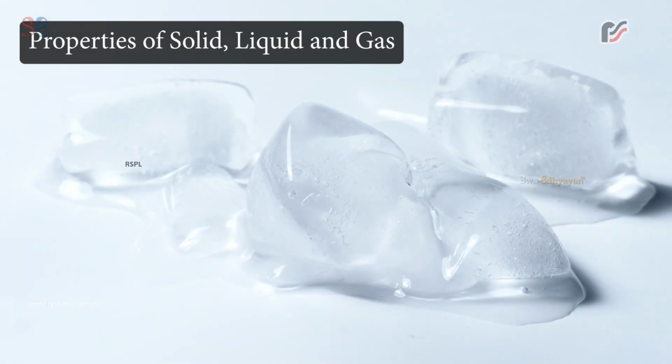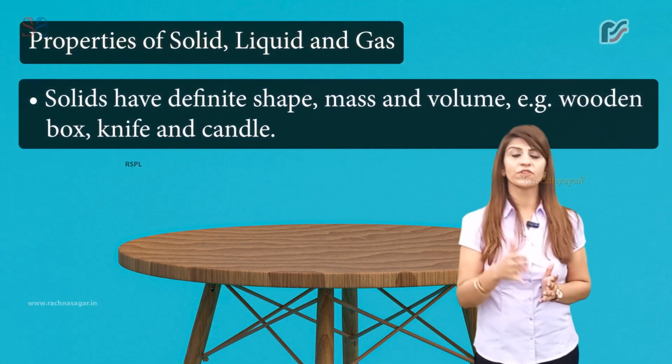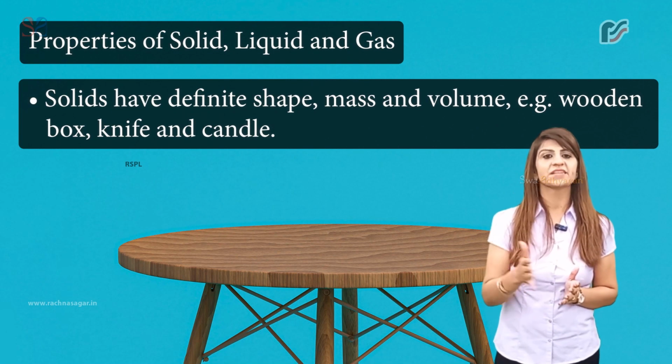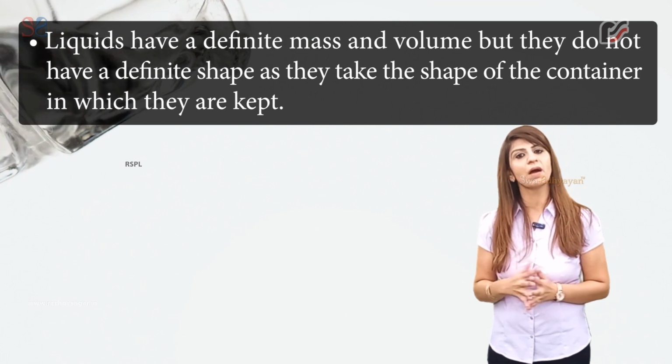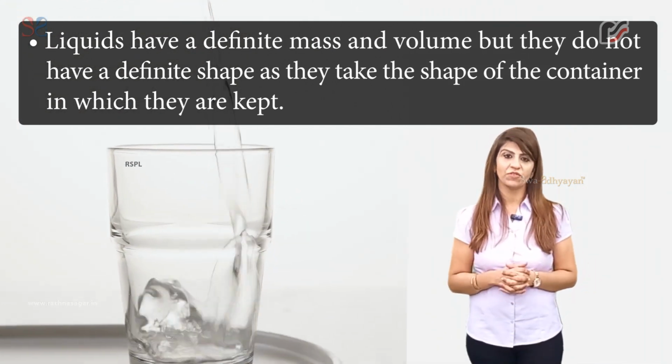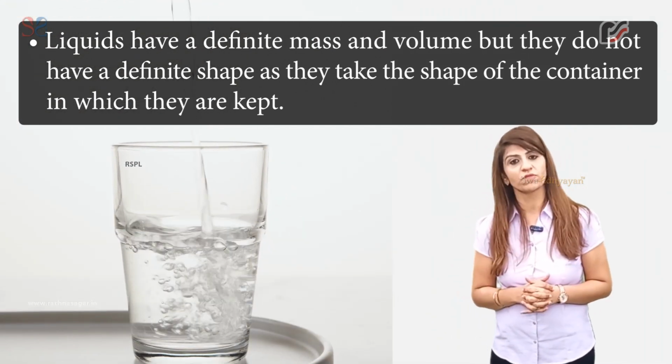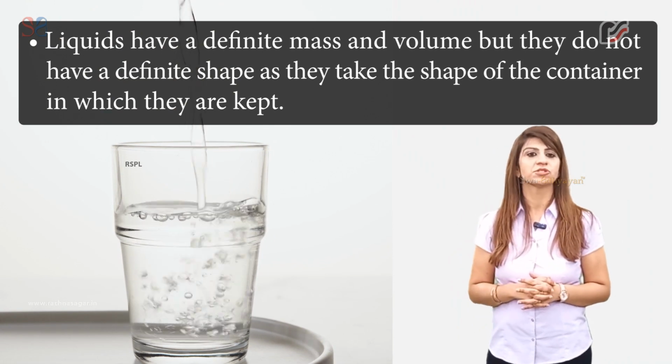Properties of solid, liquid and gas. Solids have definite shape, mass and volume. Example, wooden box, knife and candle. Liquids have a definite mass and volume, but they do not have a definite shape as they take the shape of the container in which they are kept.